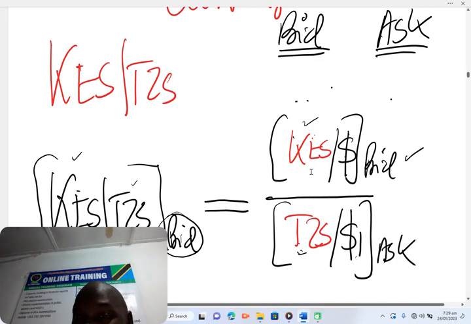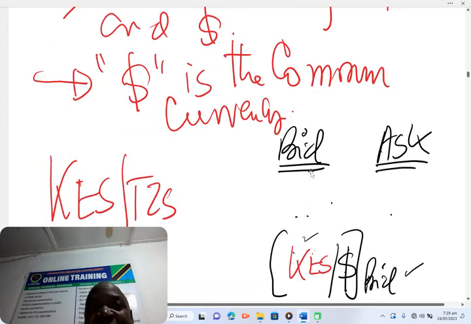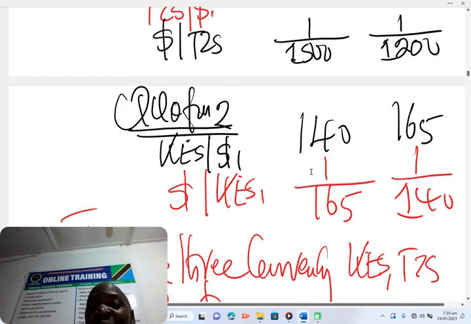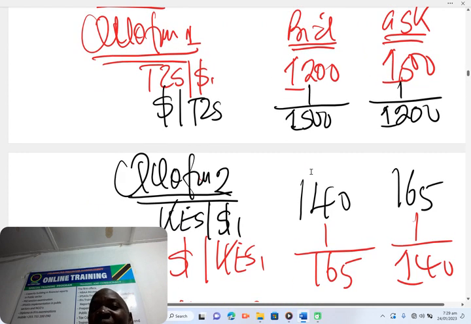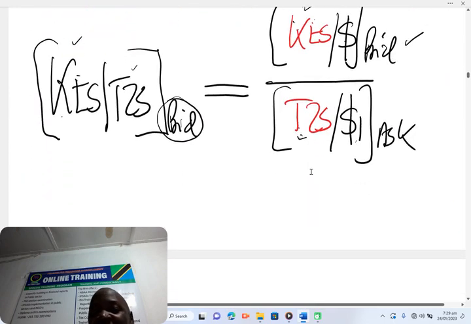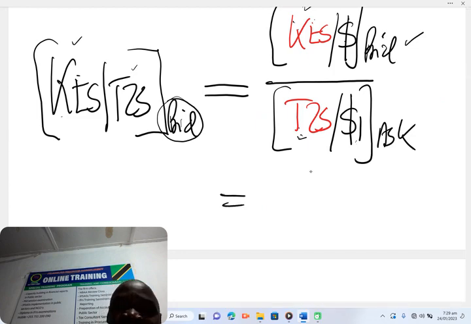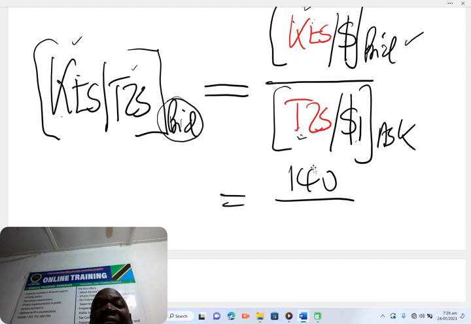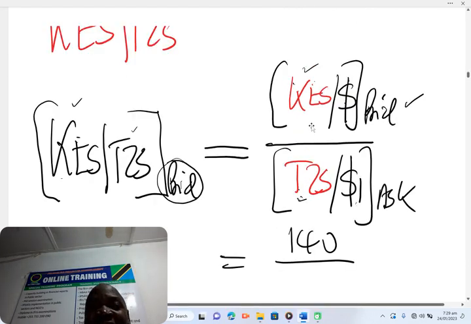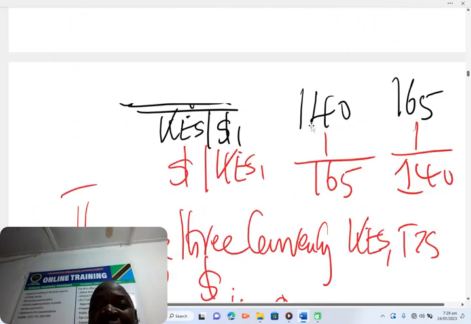We need Kenyan shillings per dollar bid. Where do we get it? Kenyan shillings per dollar bid. What's the figure? 1/40. So you write 1/40. Divide. We need Tanzanian shilling per dollar ask. Where do we pick it?